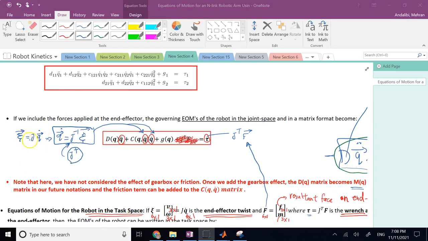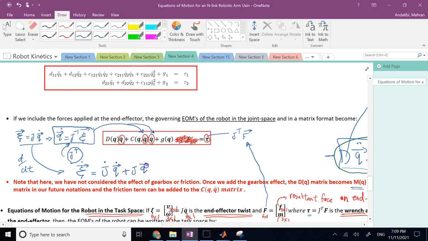What you need to do is just take a time derivative of any of these equations. So let's say from this equation, if you take a time derivative, what will you get? You will get that xi dot is going to be, here is a product, so it's going to be the time derivative of J, which we might show with J dot, that's not the small letter j, that's the time derivative of J, times q dot, plus J times q double dot.